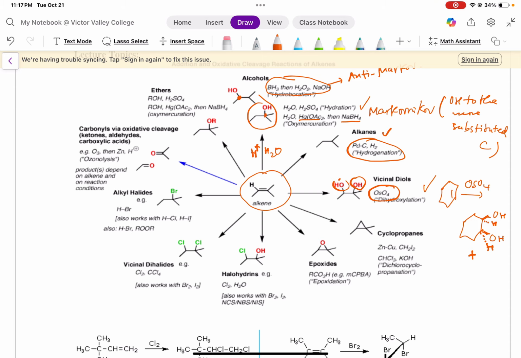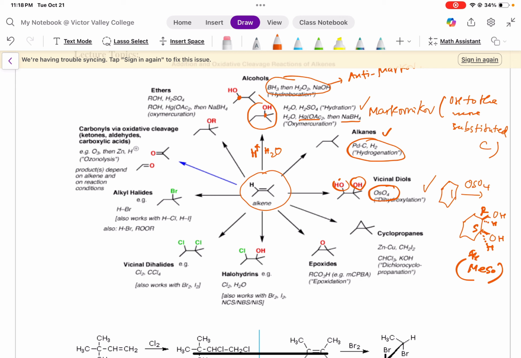So this would be 1, 2, 3, so that should be R. And the second one is, oh, this is RS. So it's meso. One R and one S. Yeah, it makes sense because this molecule has an internal plane of symmetry. So this is a meso compound, meaning you have two chiral carbons, but the molecule overall is not chiral. Okay, so those are the products.